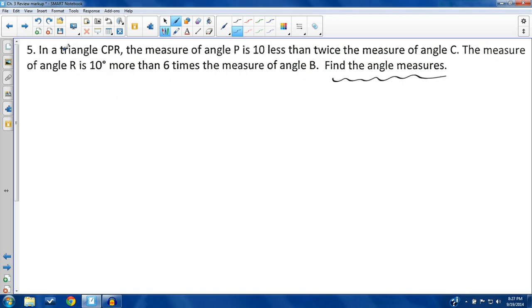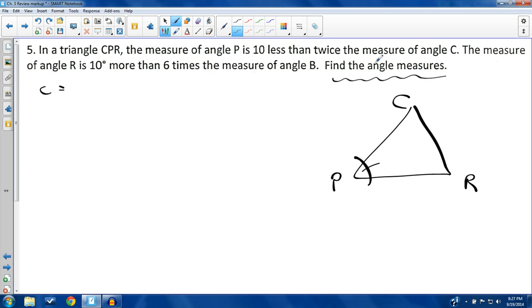Important. Okay, number 5. In a triangle CPR, so I'm just going to draw that. If you remember geometry, there we go. The measure of angle P, that one, is 10 less than twice the measure of angle C. All right, so I'm going to use it says find the angle measures.